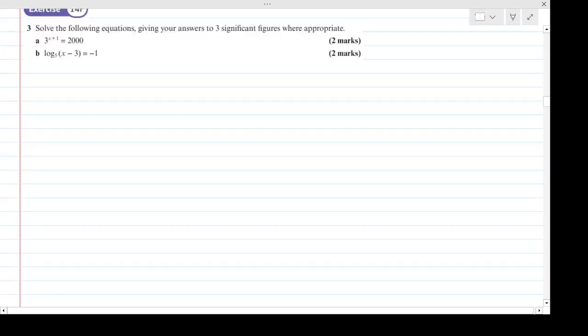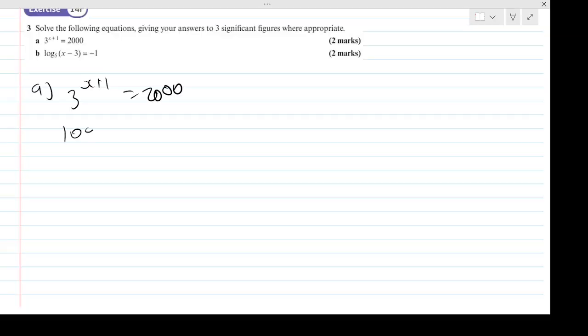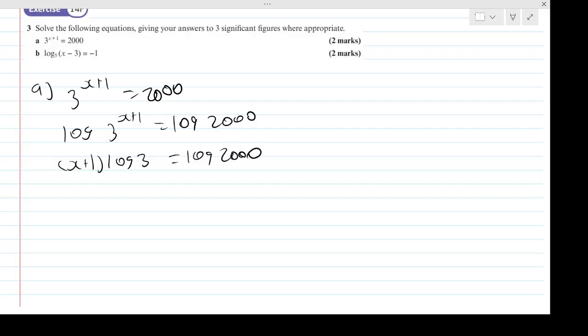So we need to solve the following equations, giving the answer to 3 significant figures. So here, part A, we have 3 to the x plus 1 is 2000. So again, I can take logs. So log of 3 to the x plus 1 is log of 2000. So then I can bring the power x plus 1 to the front. So x plus 1 log 3 equals log 2000. And so then x plus 1, if I divide by log 3, is log 2000 over log 3.